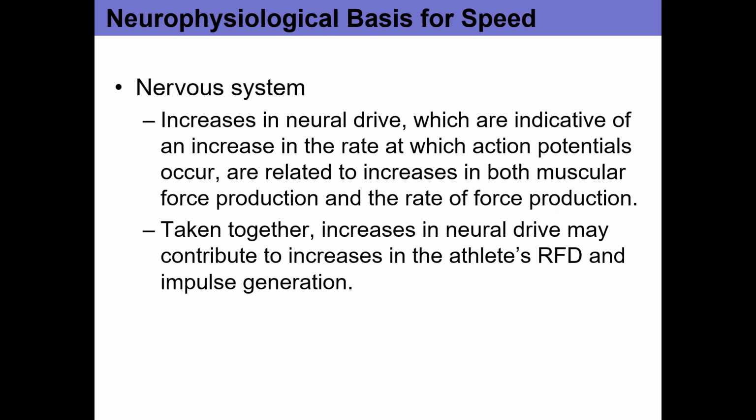Again, we start with the type 2X's and then also engage some of the type 2A's. That involves rate coding right off the bat, sending as many action potentials as possible immediately, and that's enhancing neural drive as well. So those Olympic lifts, those really explosive movements like a power clean, enhance that neural drive.